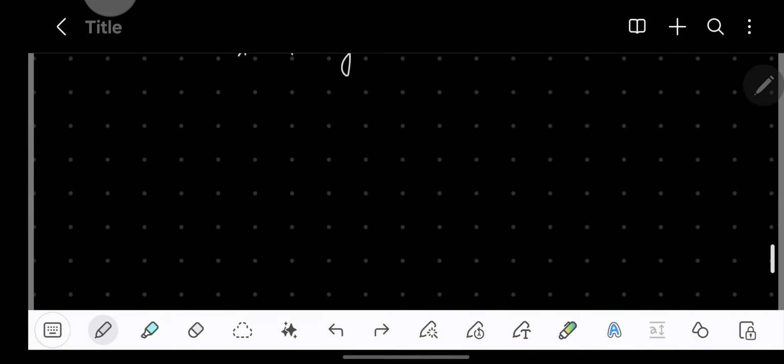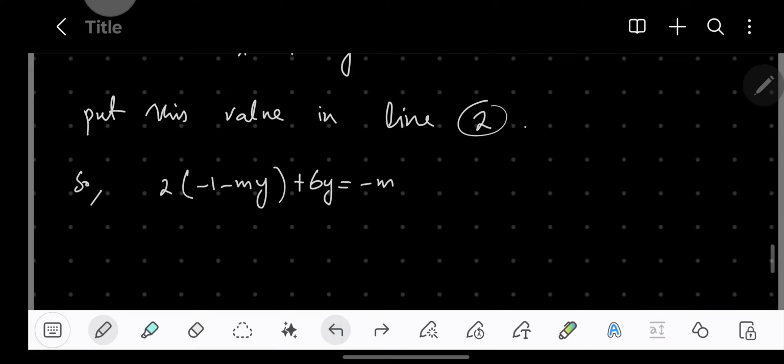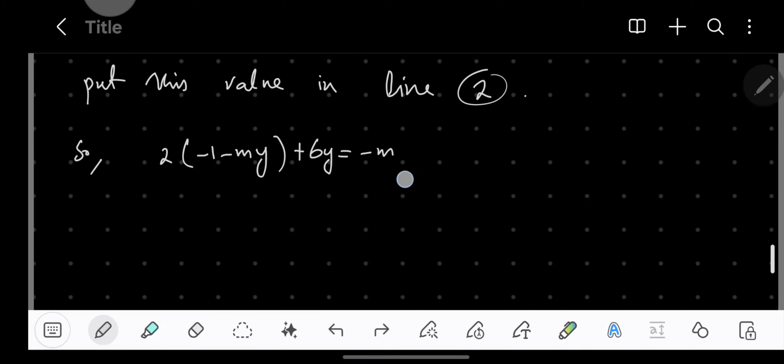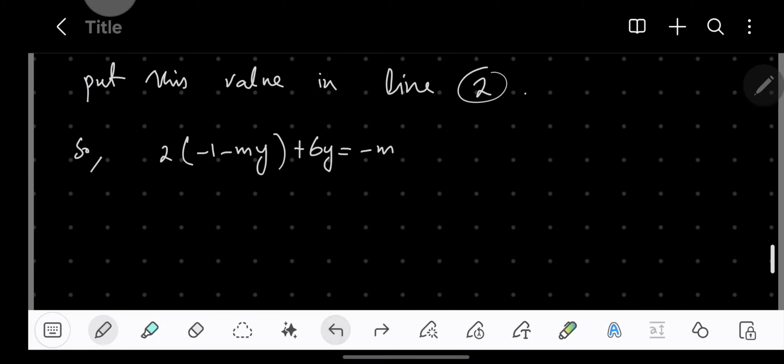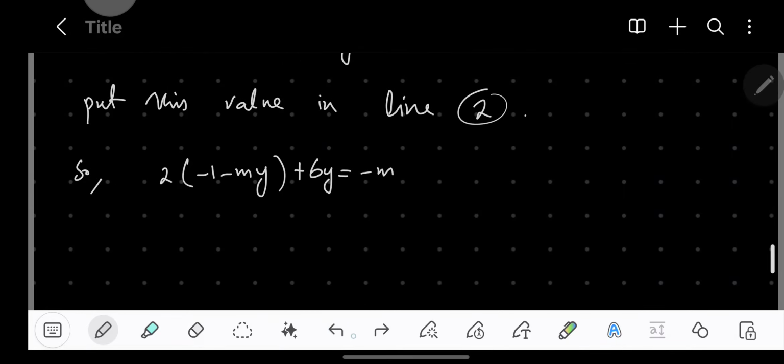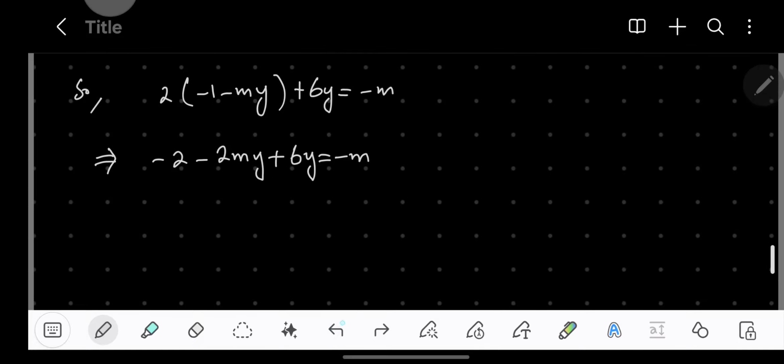If you put it into the second line, you will get 2 times x plus 6y is equal to minus m. But in place of x, you put the value of x which you have got from here. Now if you multiply 2 inside, you will get this value, and after more simplification, you will get this.